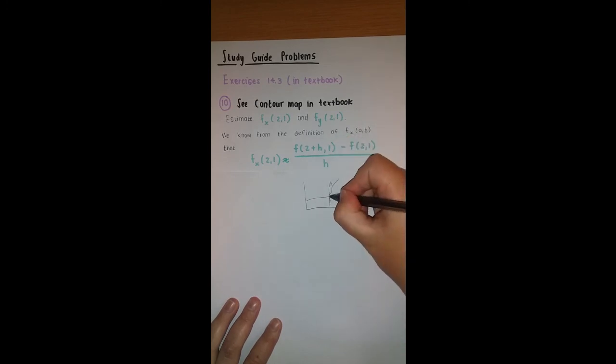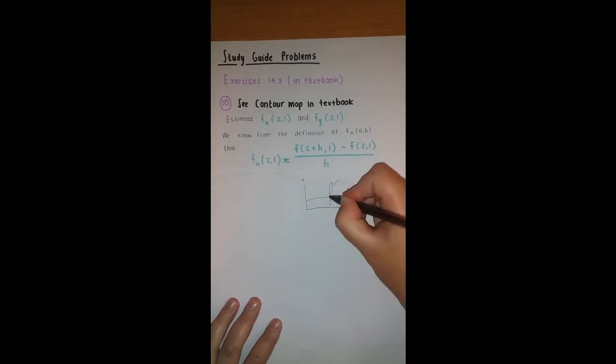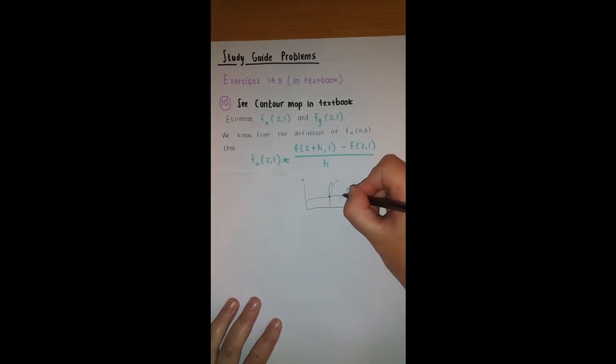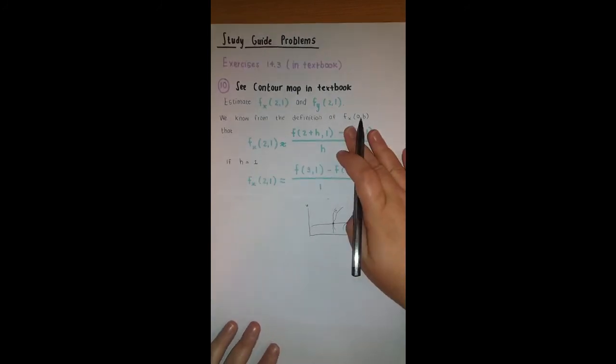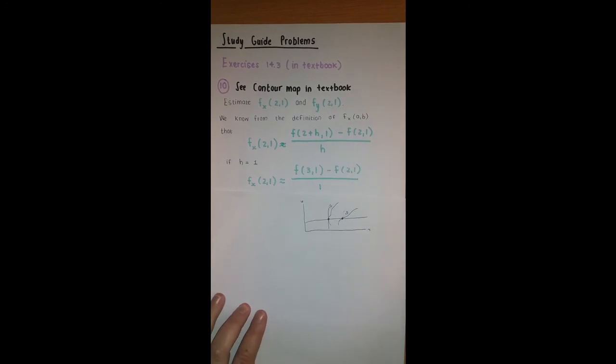This is your x and your y. So at 2 you have a function value of 15, right? And let's say at 3 you have a function value of 10. Then you can make your h so that you can have the function value at 3, and then you just have this as 1. So in this case, on the contour map, h you could choose as 1.